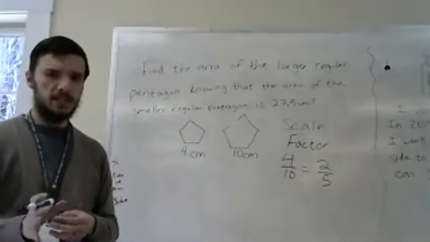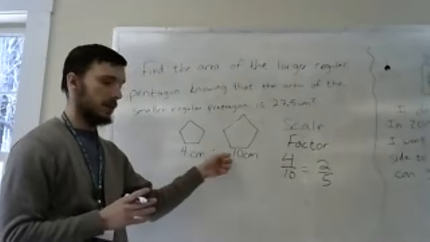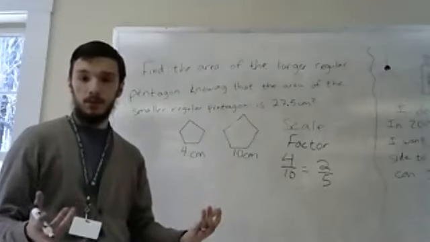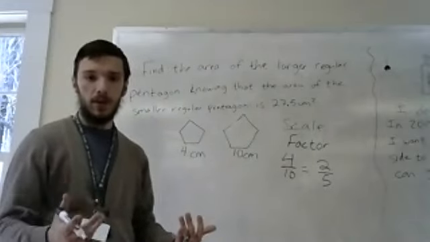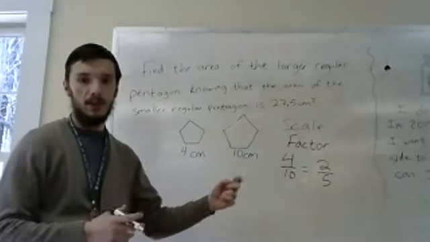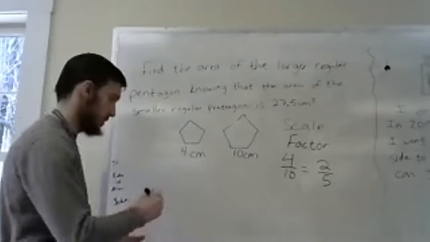So our question is asking us, what is the area of the larger pentagon? What is the area inside of here? So we need to know the ratio of the areas between these two pentagons, which means we have to square their scale factor.